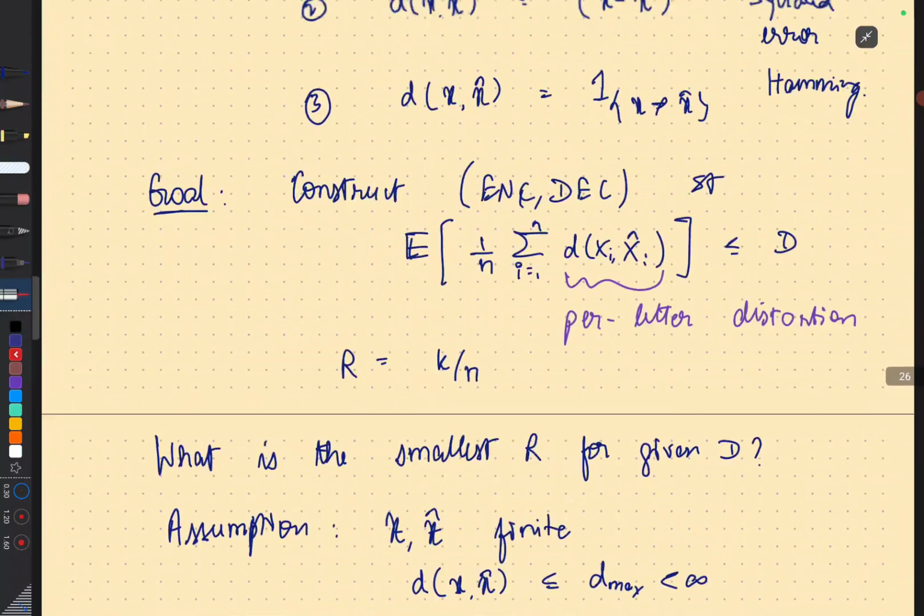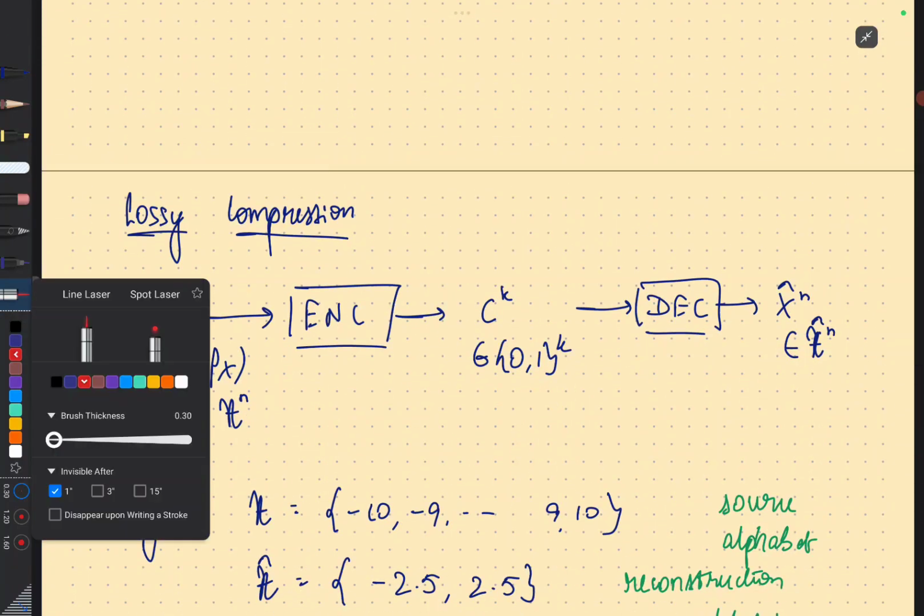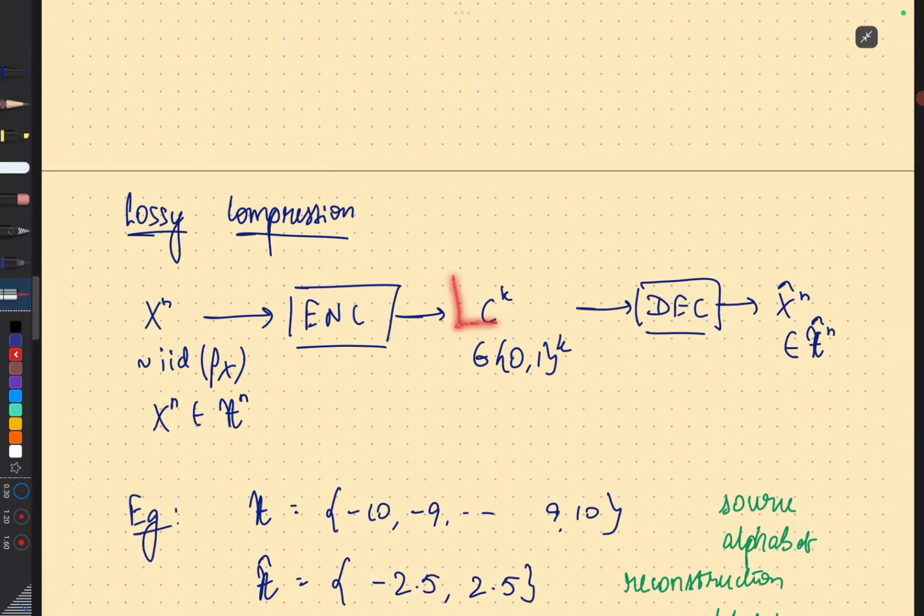let's go back to the lossy compression problem. One could say that the k over here could potentially be varying with the realization of x^n, and you only want the expected value to be equal to r. Expectation of k should be equal to r, and everything else remains the same.